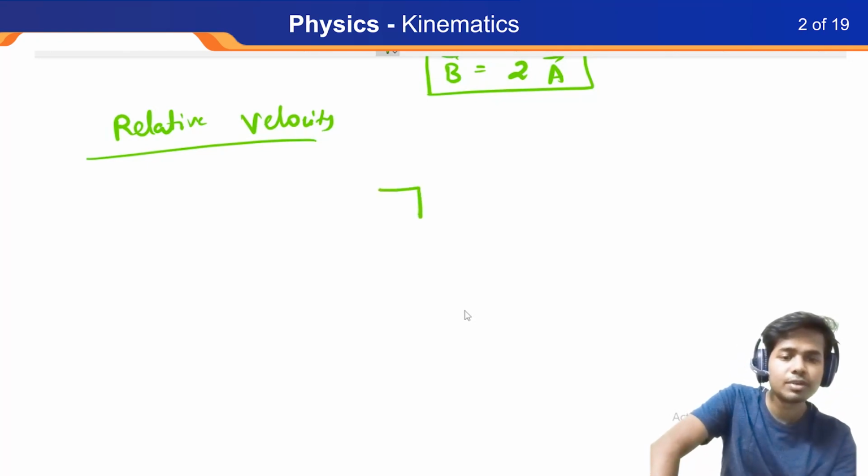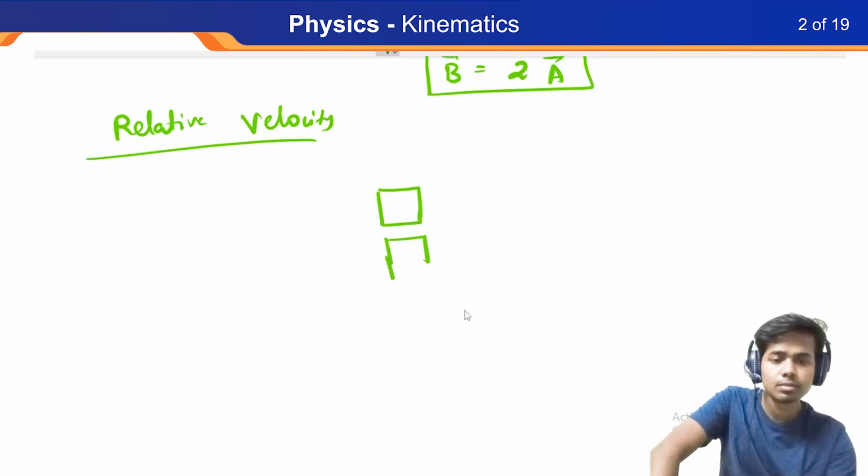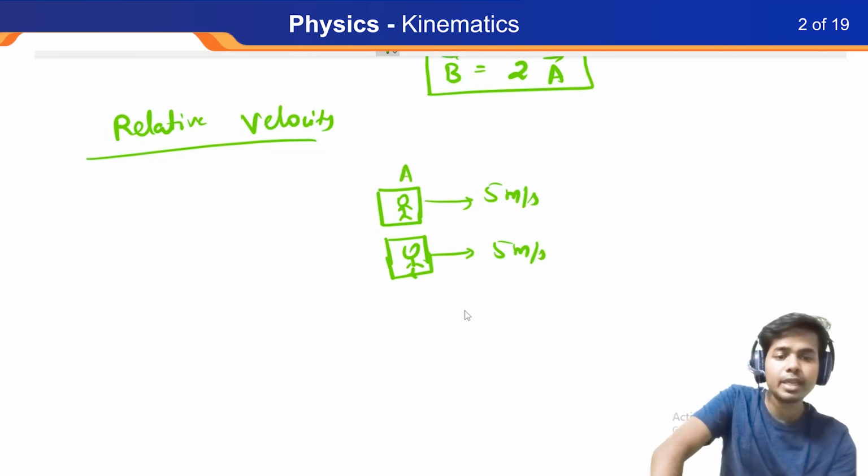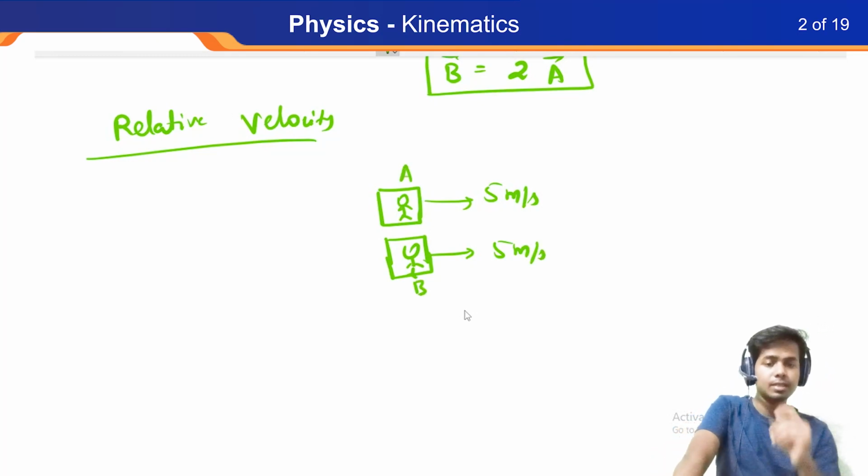But what if you have these two cars? You are in this car and your friend is in this car. This one is moving at 5 meters per second and this one is also moving at 5 meters per second. You are A and this is your friend B.